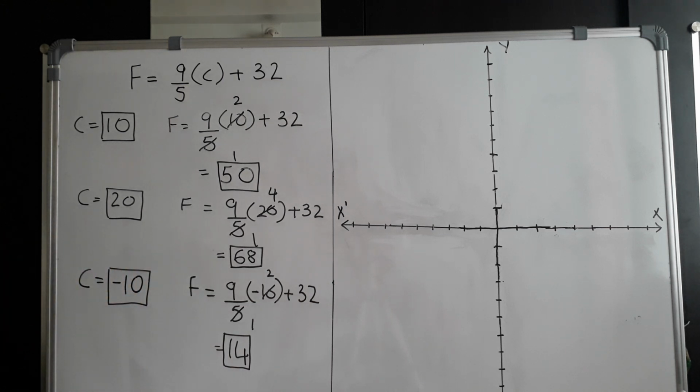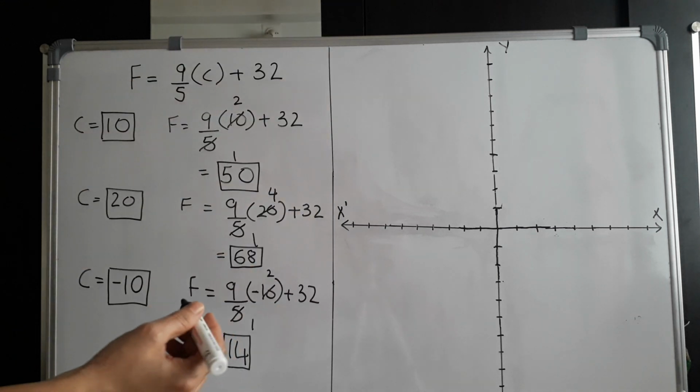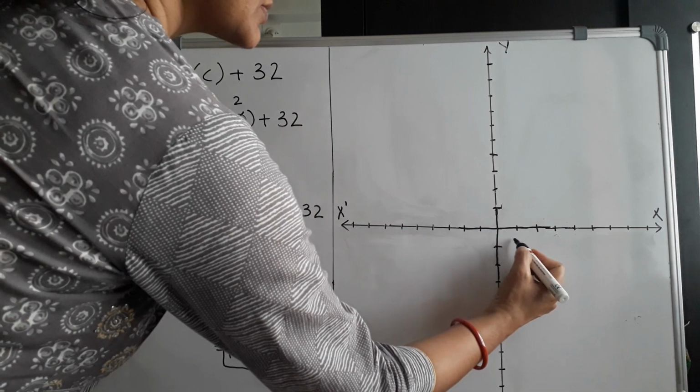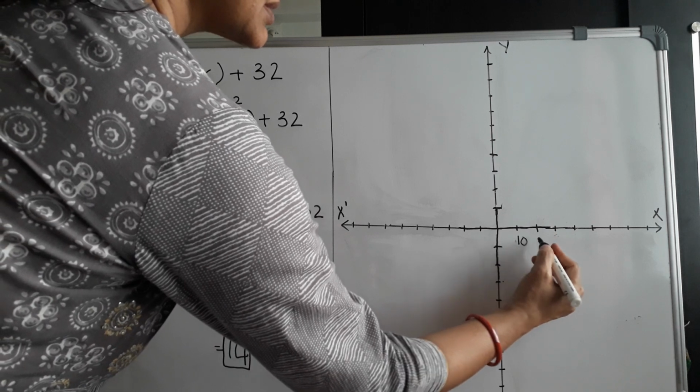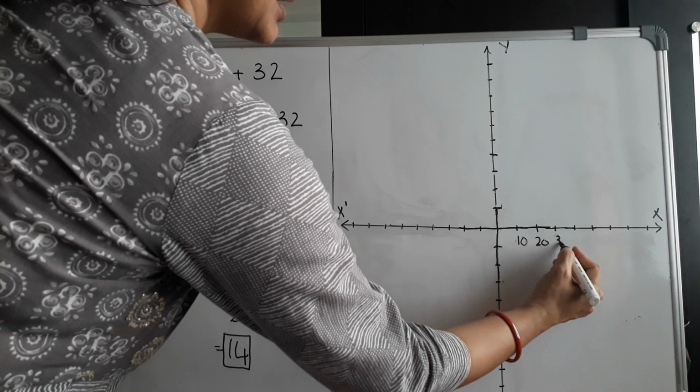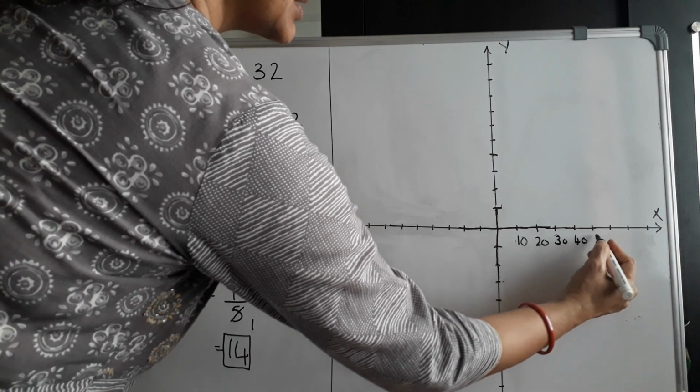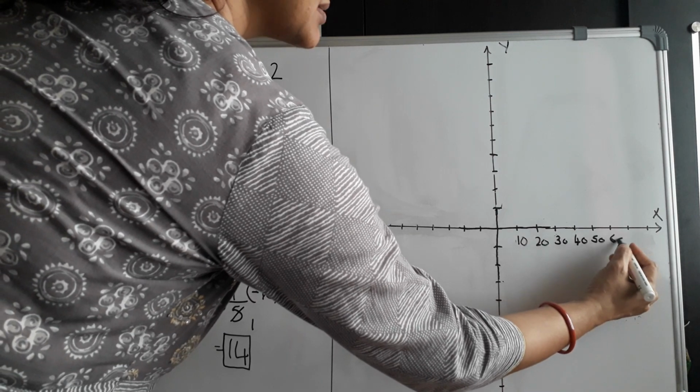Now if you observe carefully, we will have to decide the scale over here. Maybe we can take the scale as 10, 10, 20, 30 and so on. So let's start writing. This will be positive. This is 10 and 20 and 30 and 40, 50 and 60.